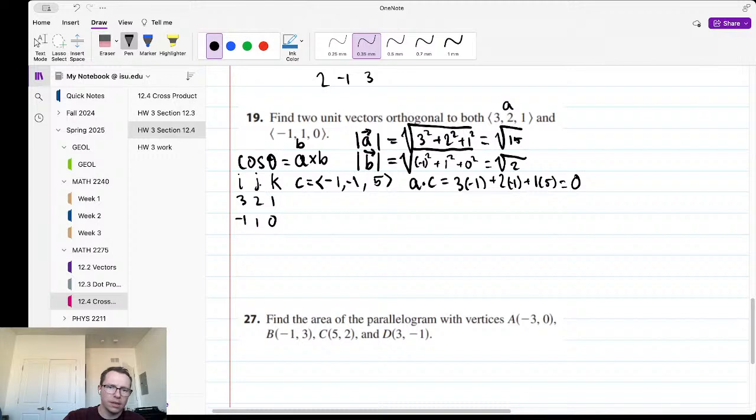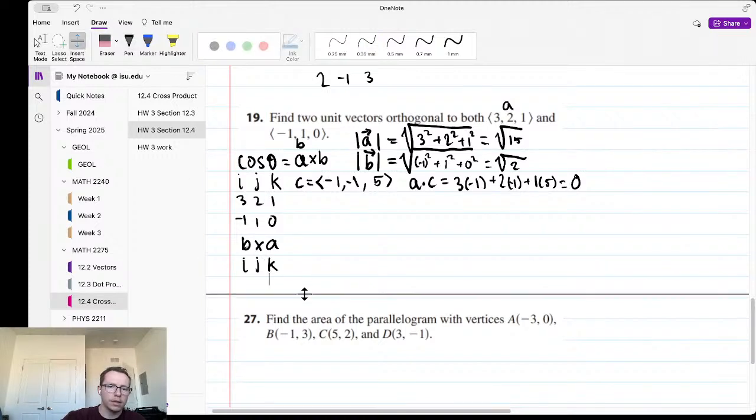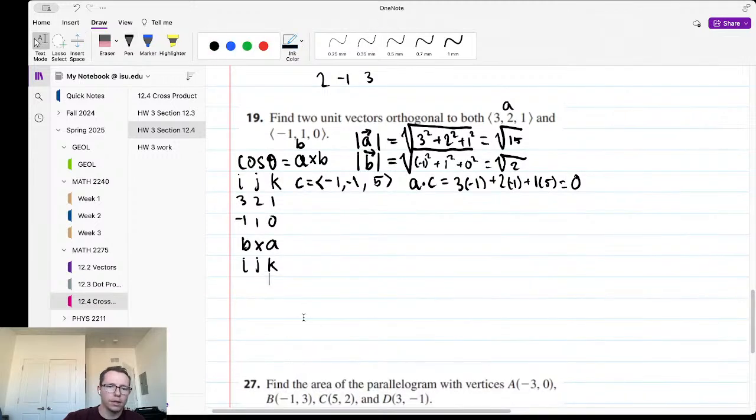Now we can test the next one. So B cross A. So we have I, J, K. Then I need more space. Negative 1, 1, 0, 3, 2, 1.